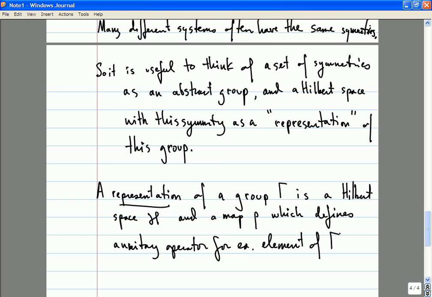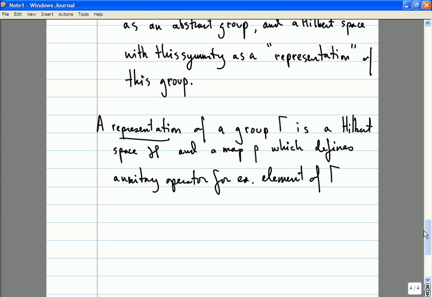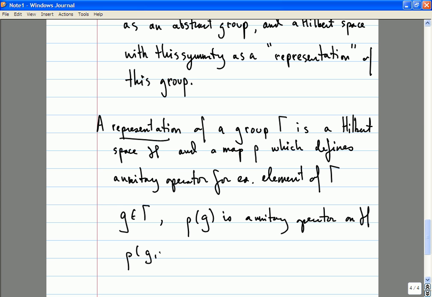So, given a G in gamma, we have rho of G is a unitary operator on our Hilbert space with the property that rho of G1 times G2 is equal to rho of G1 times rho of G2.